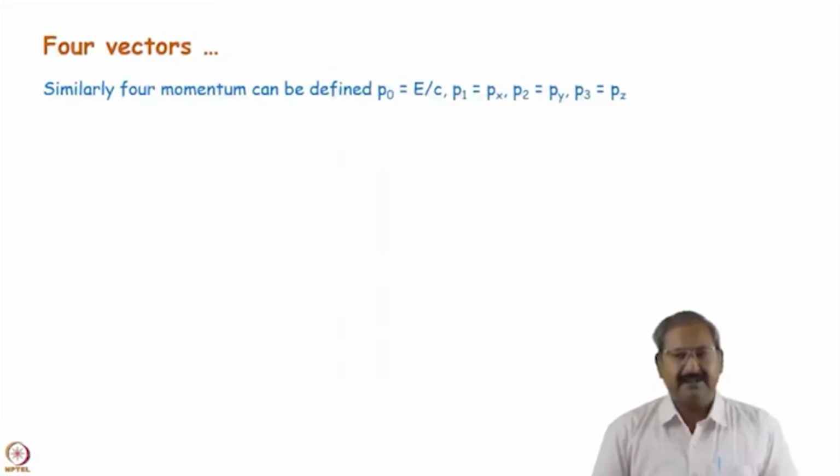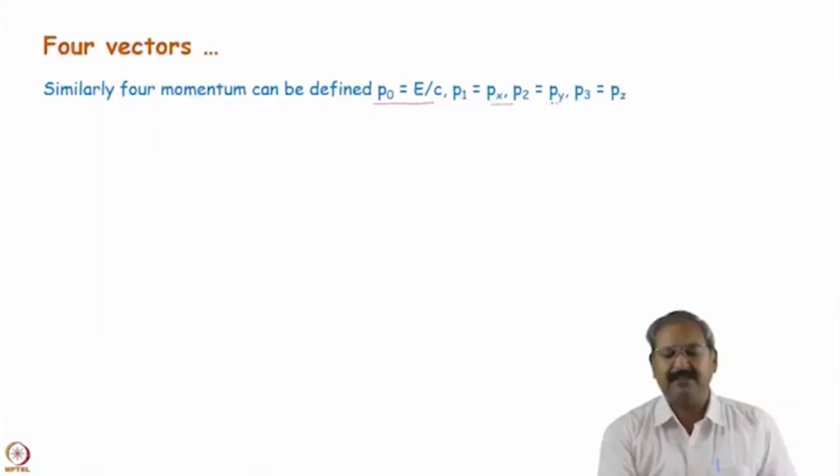Similarly, for energy and momentum, we can define a four vector by taking the first component as E by c, then the space components Px, Py, Pz. Their inner product will also be constant under the Lorentz transformation; it is an invariant.